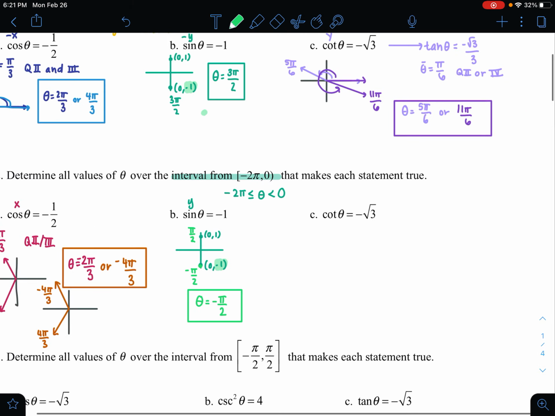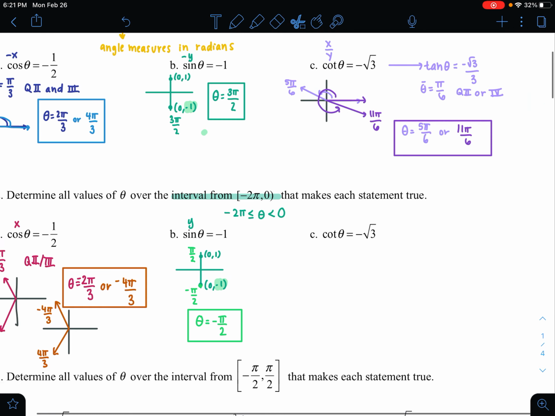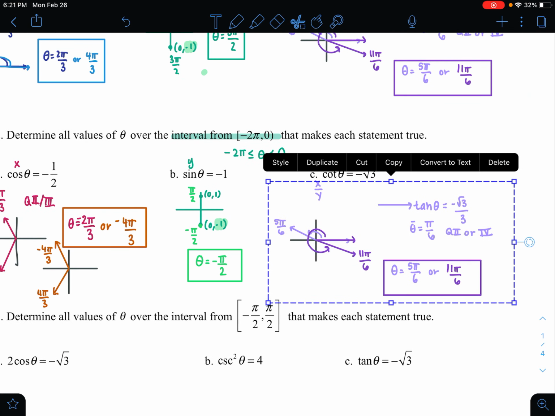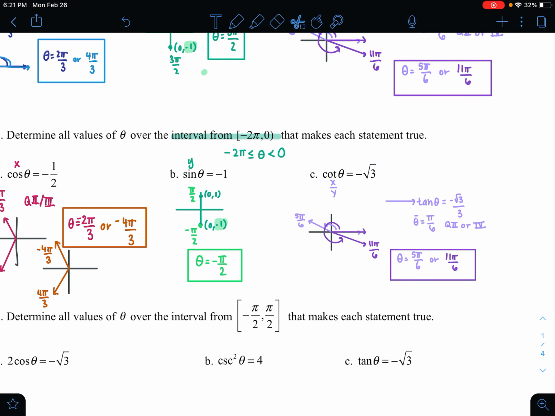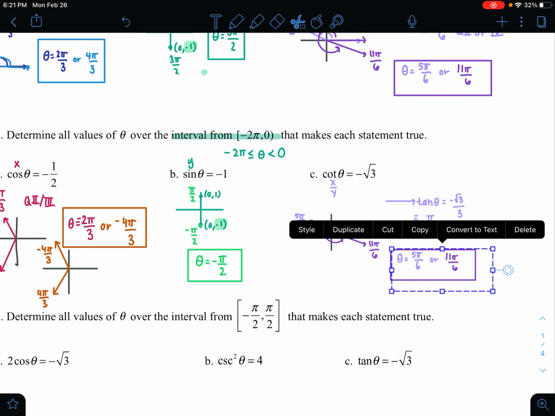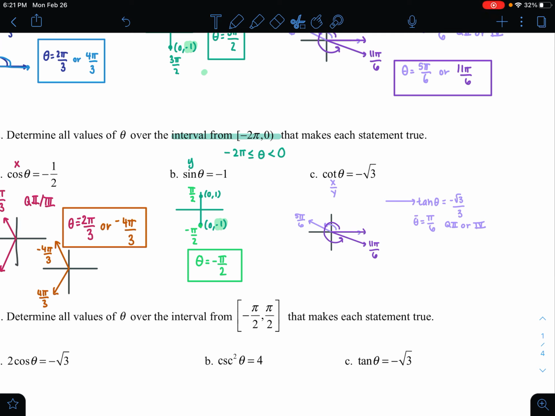All right, and then lastly, again, all the same things for cotangent, so I'm going to copy it over. Except now we're satisfying the interval of negative 2 pi to 0.